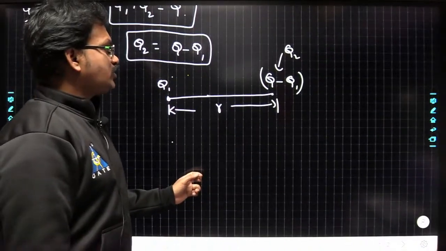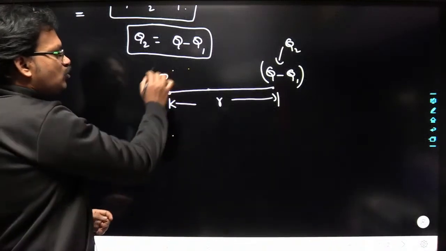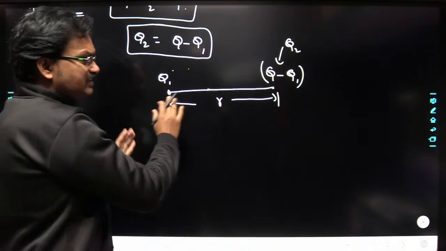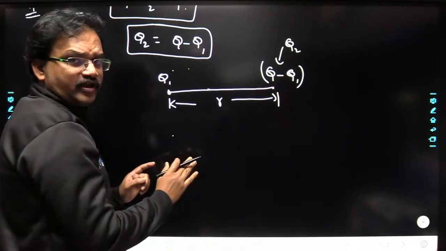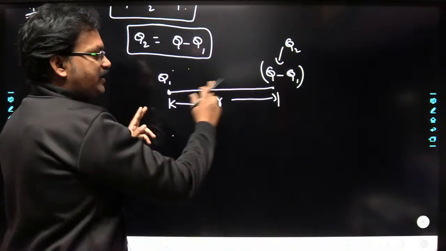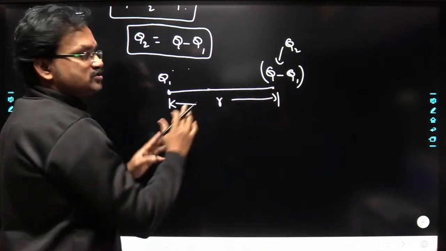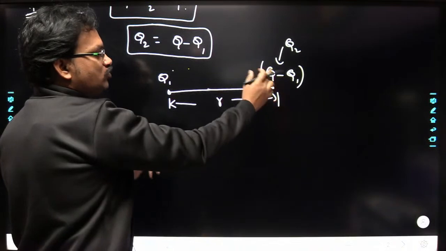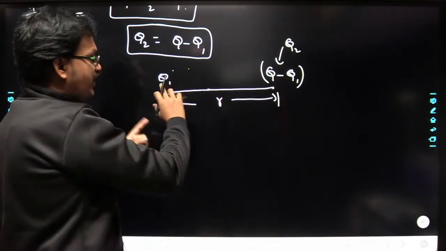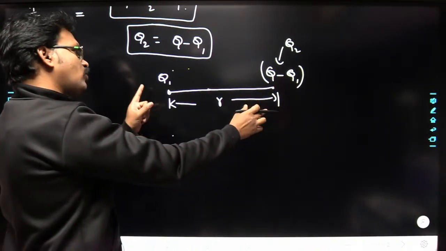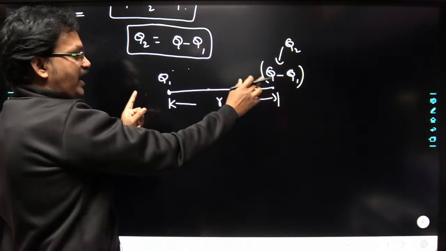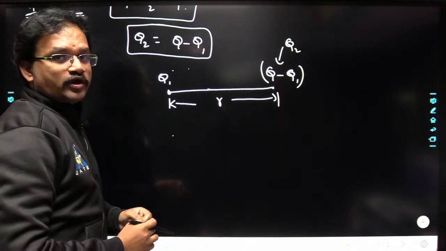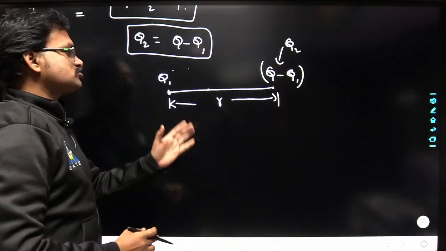So what you have to do here is vary Q1. If you vary Q1, then Q2 is also going to vary. Then you have to determine the force between these two charges. At what instant is the force between them going to be maximum?